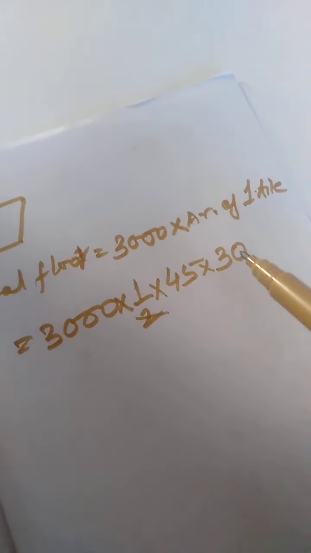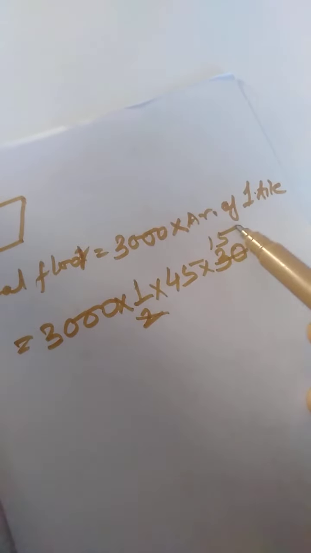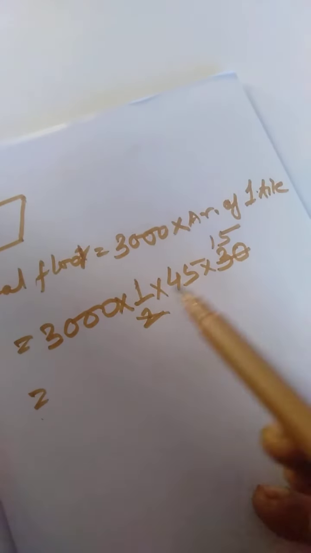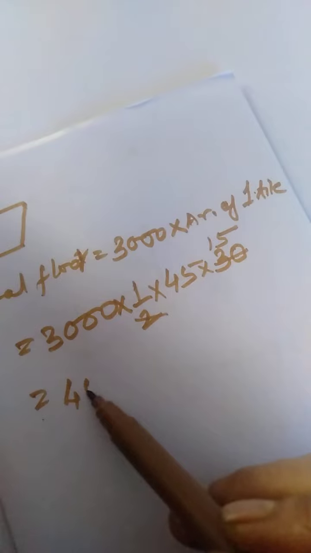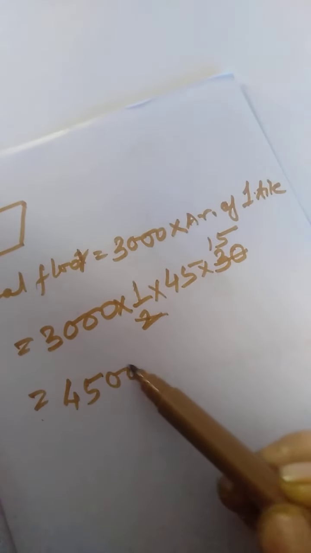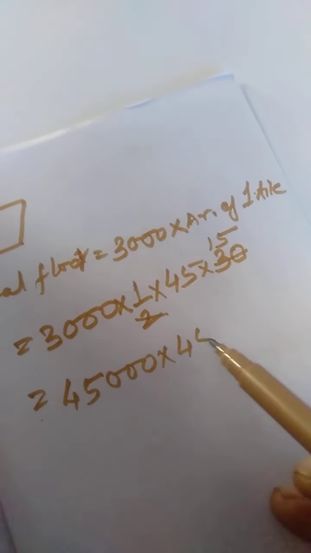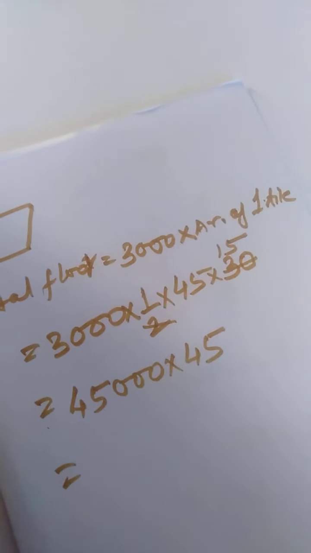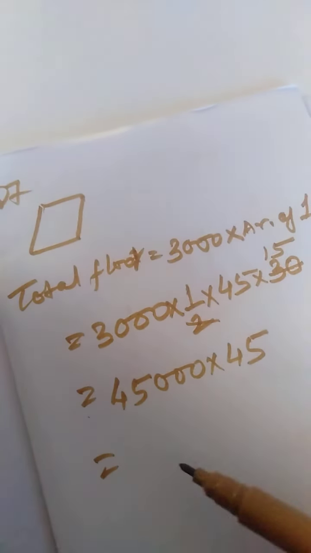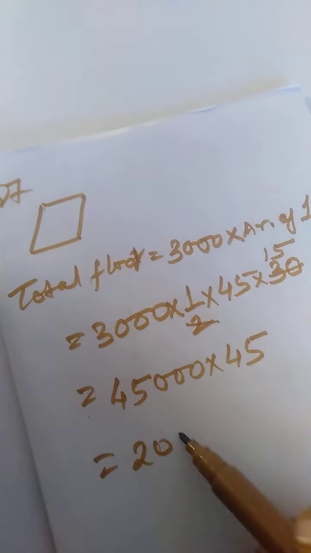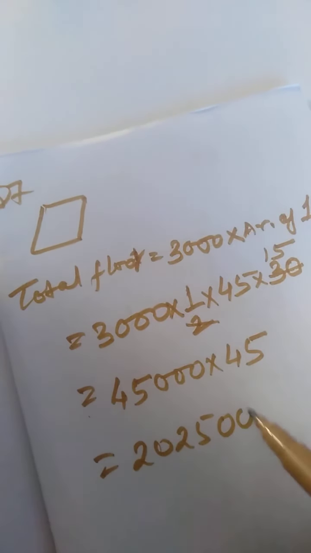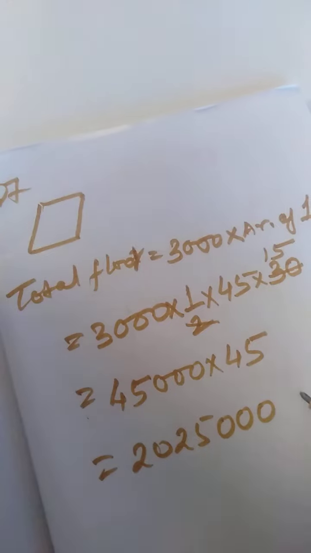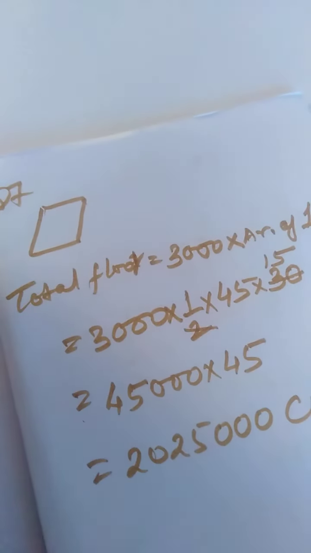Now cancelling this, 15 threes is 45, so 45,000 into 45, which equals 2025000. This is in centimeter square.